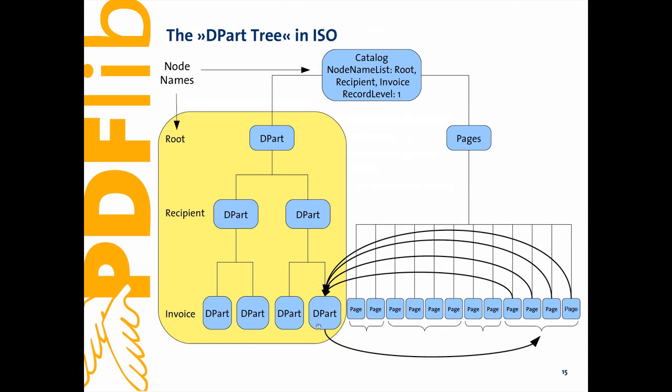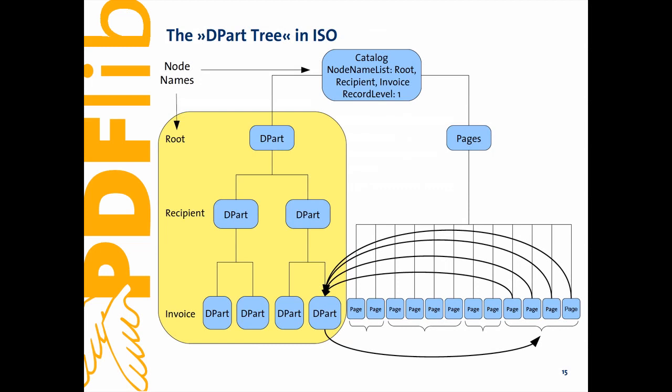So every leaf node in the document part hierarchy tree has a reference to a range of pages, which can consist of one or more pages. And we also have the back references. Each page in a PDF file must have a reference back to the document part it belongs to. So you can traverse this data structure in both ways.